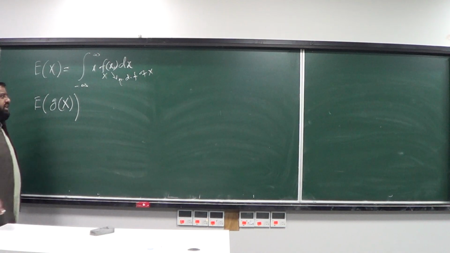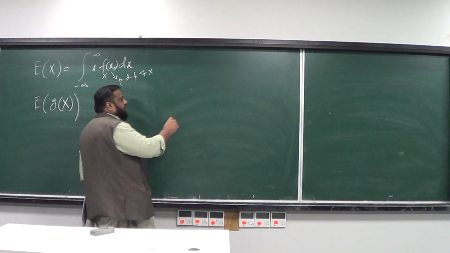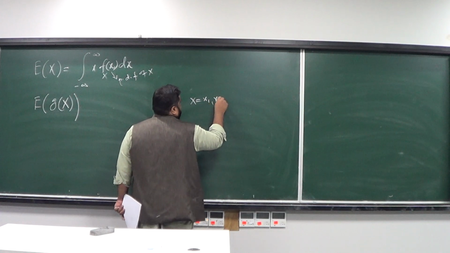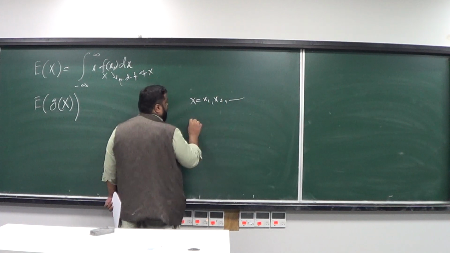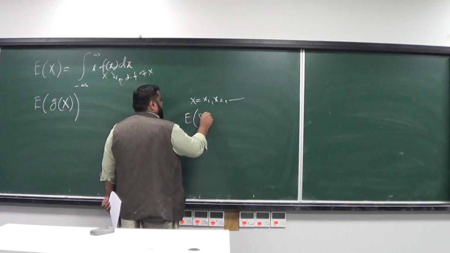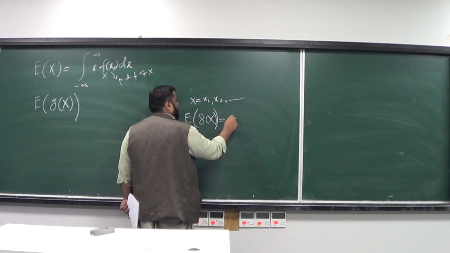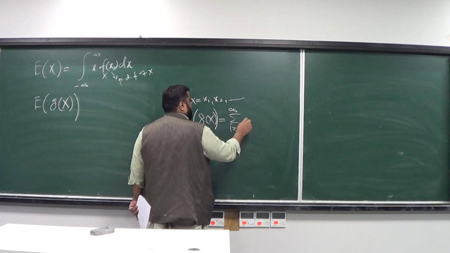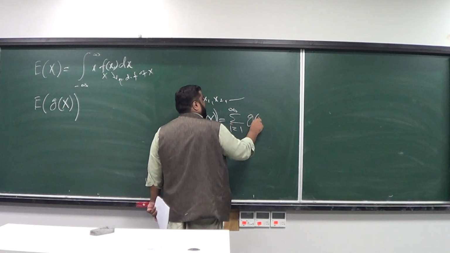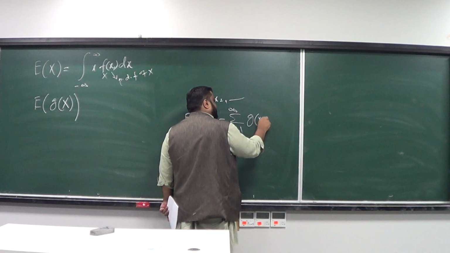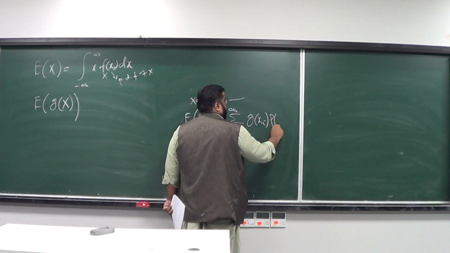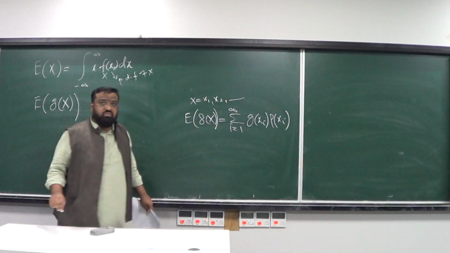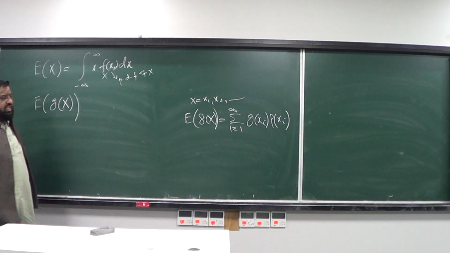If X was a discrete random variable taking values x1, x2 and so on, then the expectation of g(X) was the sum from i equal to 1 to infinity of g(xi) times the probability of xi. We proved this result.